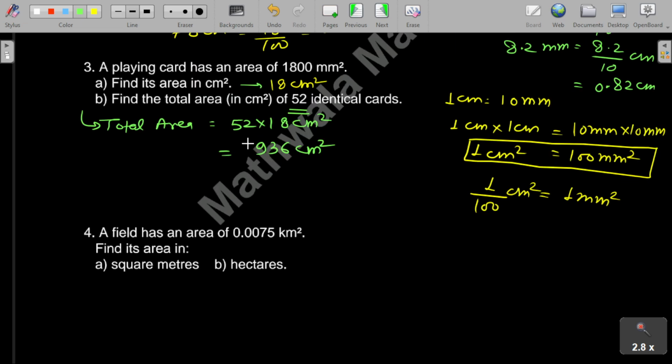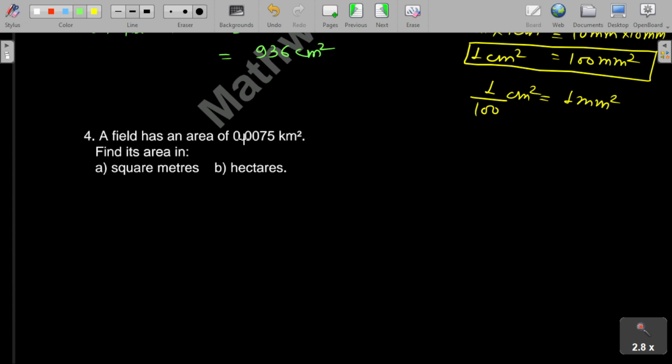Now moving to fourth question. A field has an area of 0.0075 kilometer square. Find its area in square meters and hectares. First, we know that 1 kilometer equal to 1000 meter.